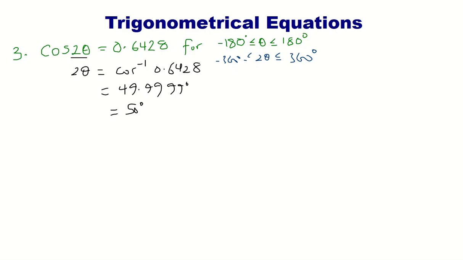We have the positive value as 50. Let's find the next value, the other second value. This is an acute angle. We said we expect 2 values. The values of sine and cos are ever in pairs. So our cos 2 theta was positive. We expect cos to be positive in this quadrant and this quadrant here.